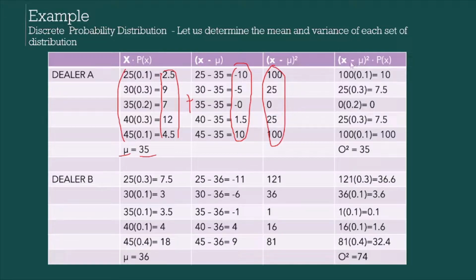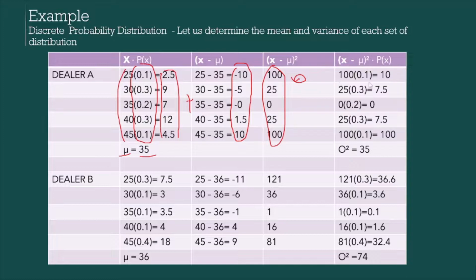We need the answers from here to multiply with P(X). Our P(X) is over here. We multiply it with the answers we got here.